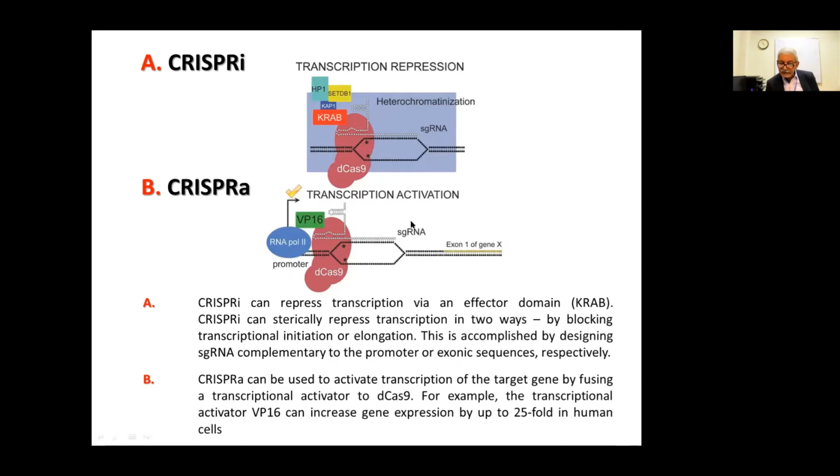And then you design the gRNA against a promoter, where the polymerization or the transcription of the gene occurs. And this complex goes there, this transcriptional activator enhances the binding of RNA polymerase II to the sequence or the target of our interest.